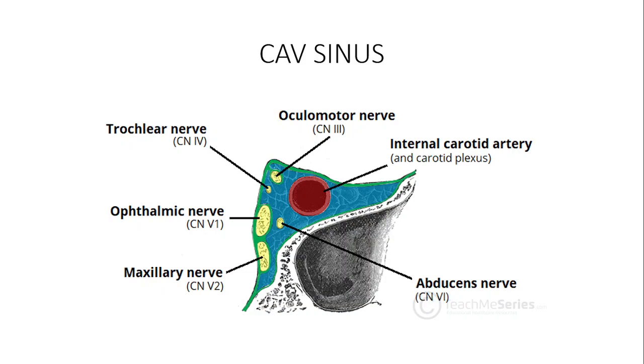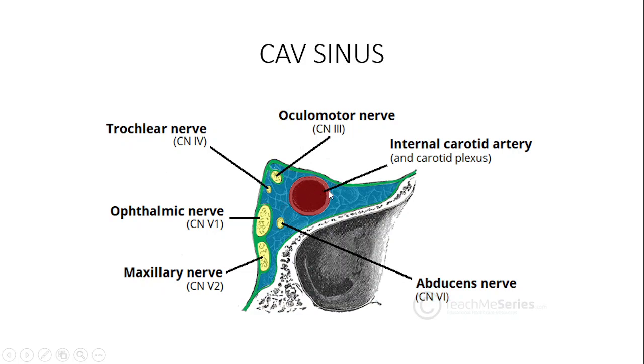Again, let's repeat the structures the cavernous sinus contains. We have the oculomotor nerve, also known as the third cranial nerve. Inferior to it the trochlear nerve, followed by the ophthalmic division of cranial nerve 5, the trigeminal nerve. Then the maxillary division of cranial nerve 5. Then the abducent, or sixth cranial nerve, a bit farther away from the lateral wall.